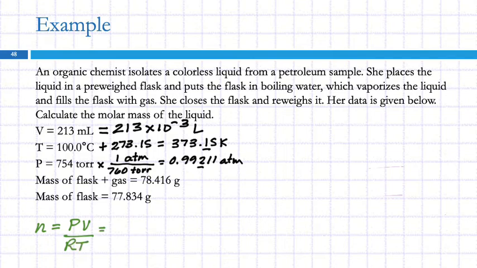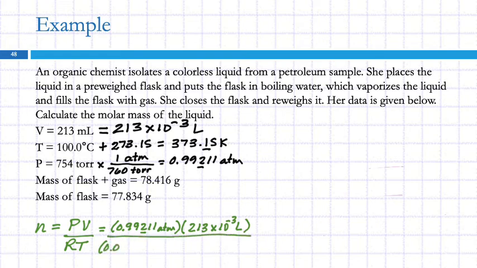So we're going to take our pressure, 0.99211 atmospheres, multiply by our volume, 213 times 10 to the minus 3 liters, divide it by 0.08206 liter atmospheres per mole Kelvin, times the temperature, 373.15 Kelvin.